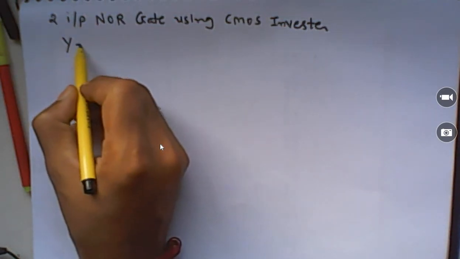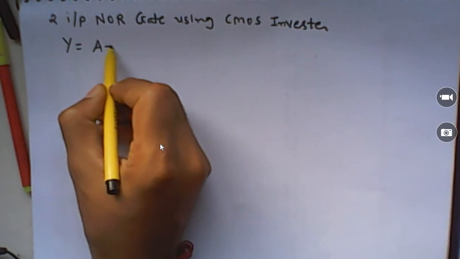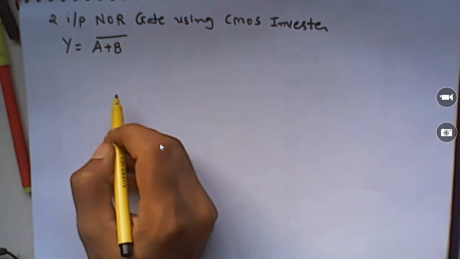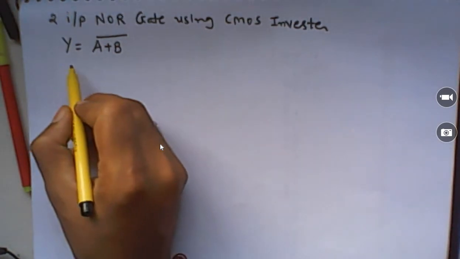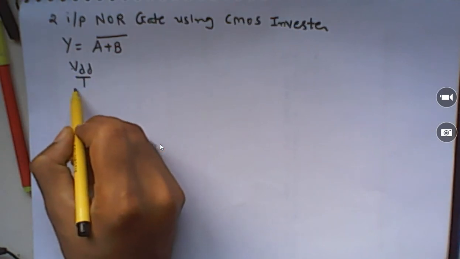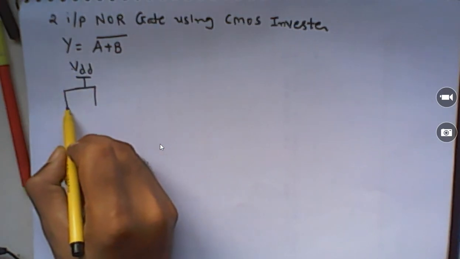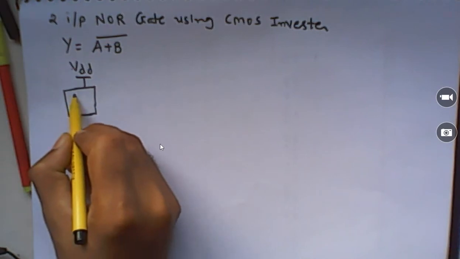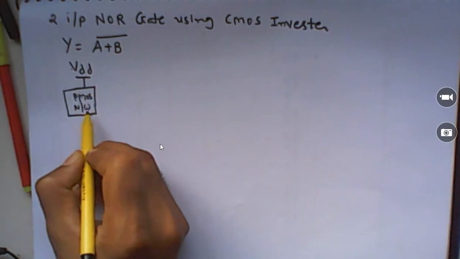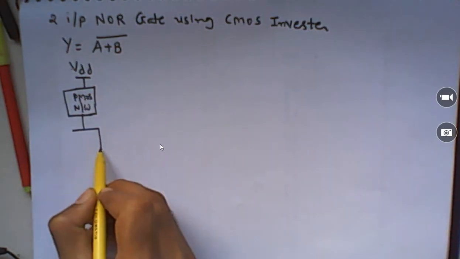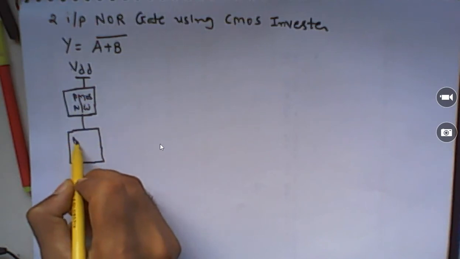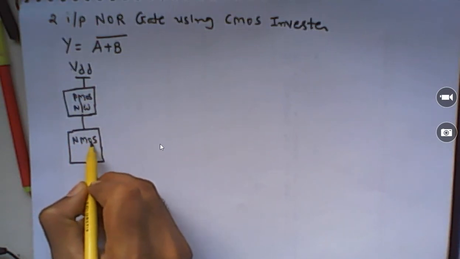So we know the two input NOR gate is (A plus B) bar. Now, in a CMOS inverter structure, VDD is connected to the PMOS network, and there is an NMOS network.